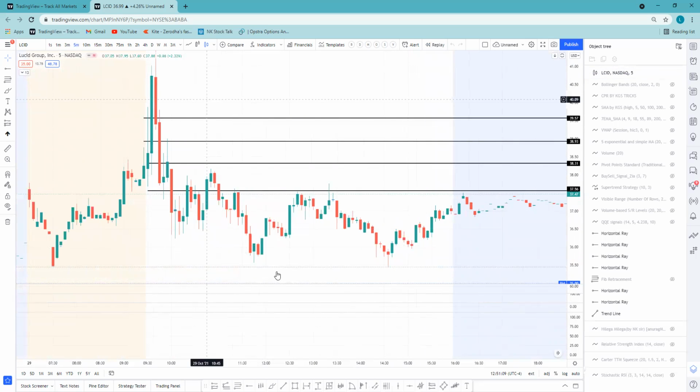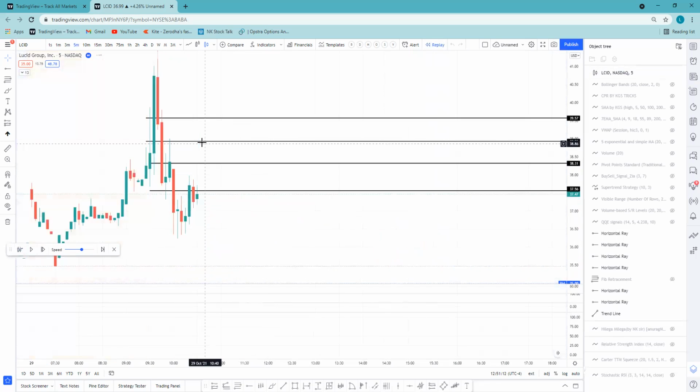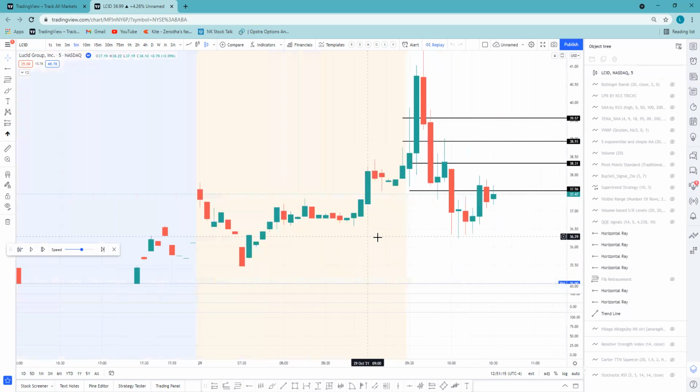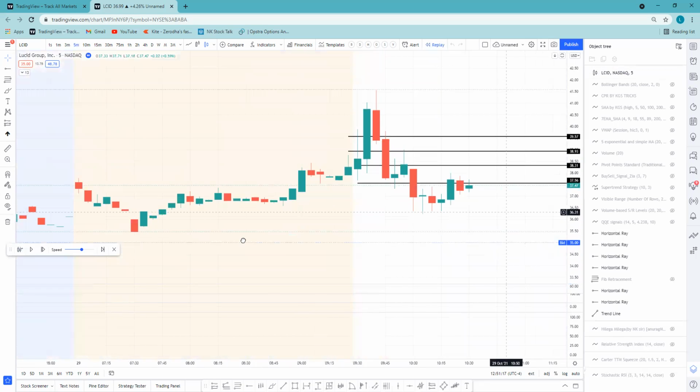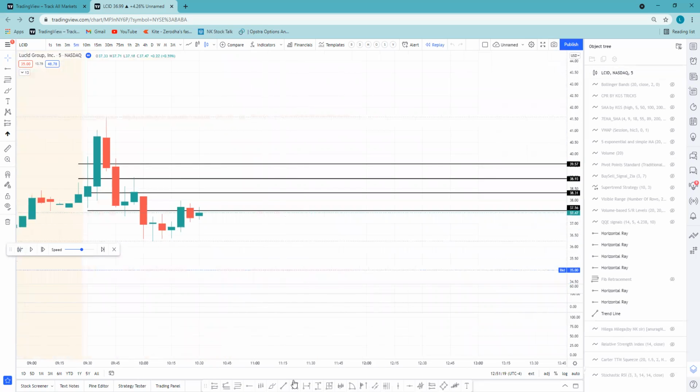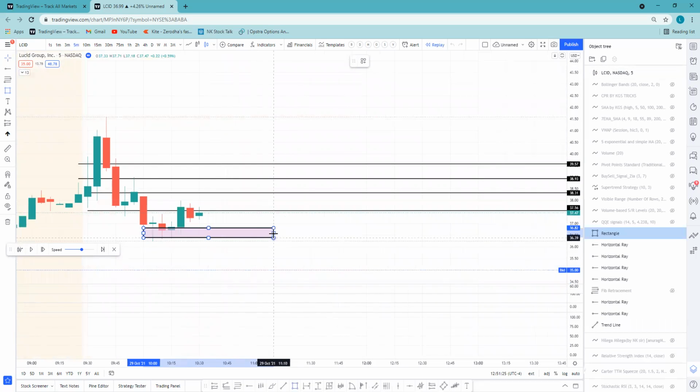I'm not just going to say you should go long here. Whenever you have this price, that means you still have some support here. If you really want to go long, you can see there is some reaction here. So this is acting as a good support, right? So I'm going to put it here.